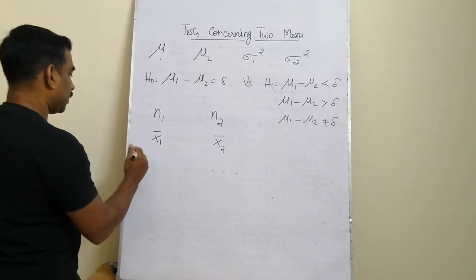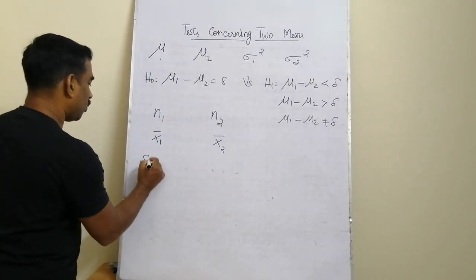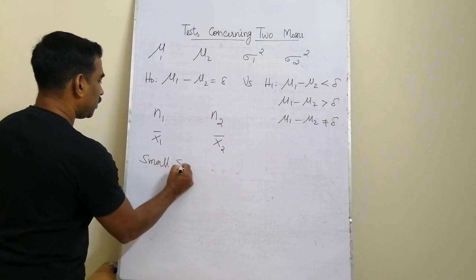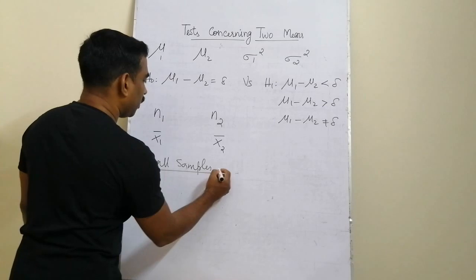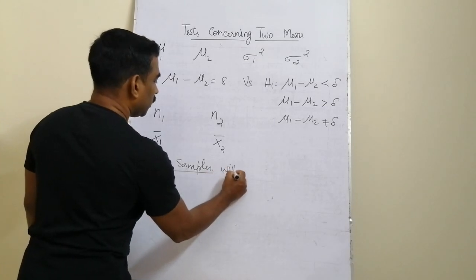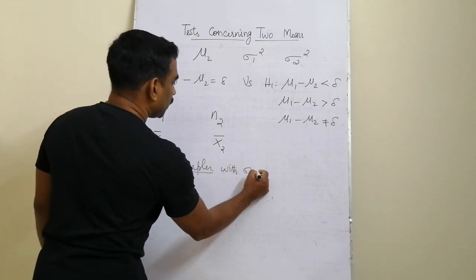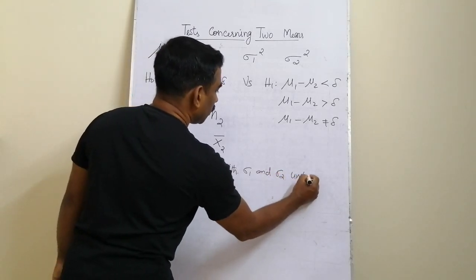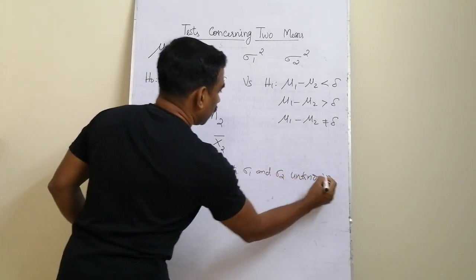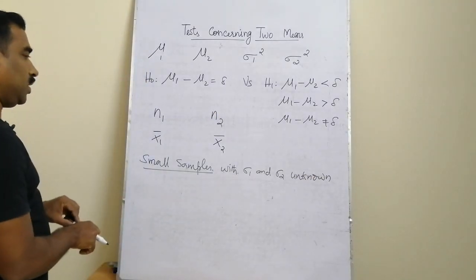Now come to the third case, that means whenever the sample sizes n1 and n2 are small, with sigma 1 and sigma 2 unknown, then we follow the t test.